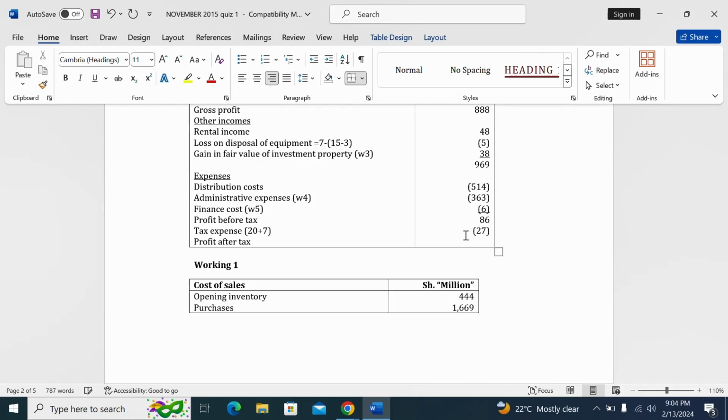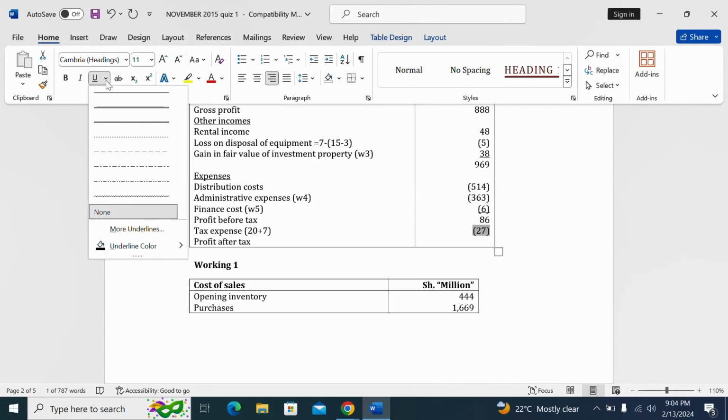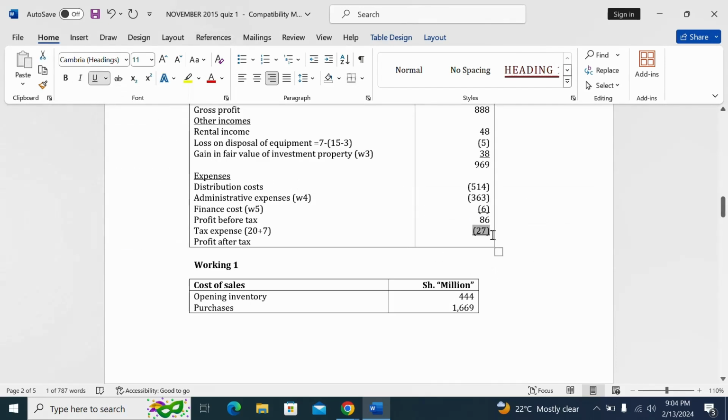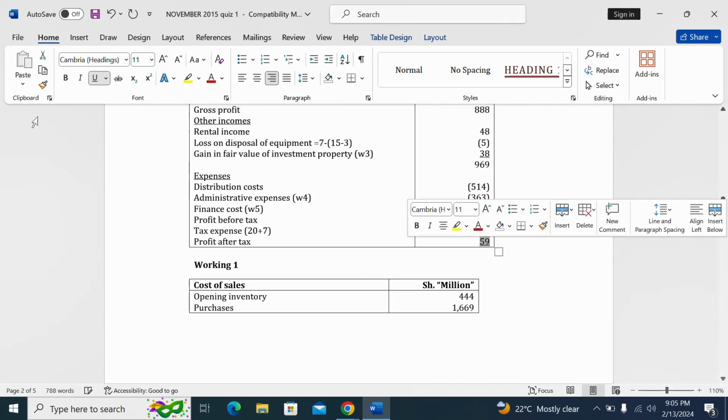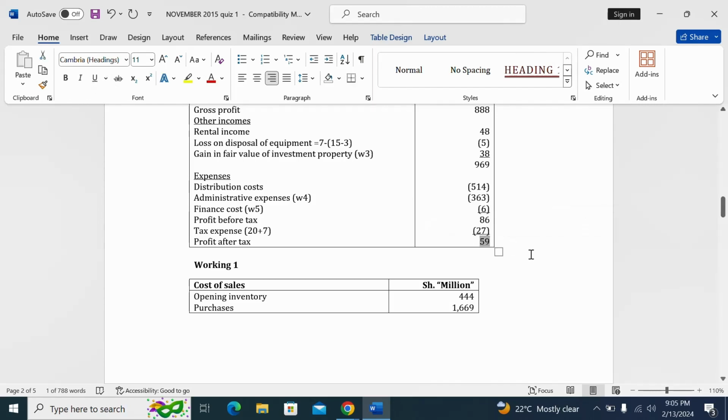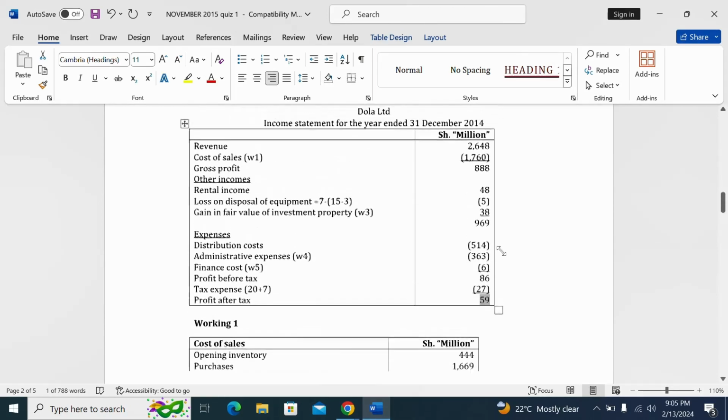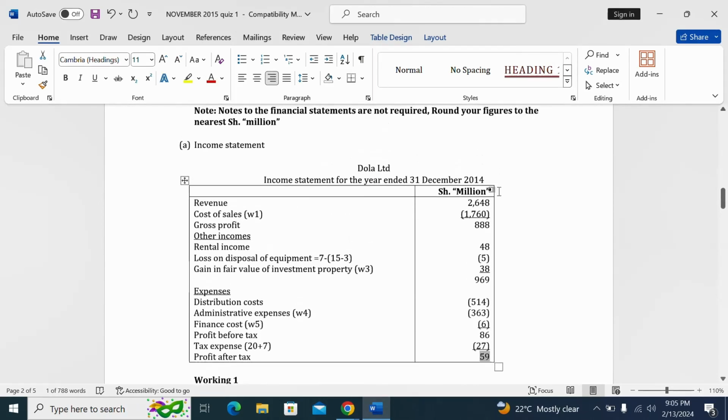We deduct 27 million. Therefore, after deducting that, we get our profit after tax. 86 minus 27, I'm getting 59. I'm getting 59 as our profit after tax. And now we are done with the income statement.